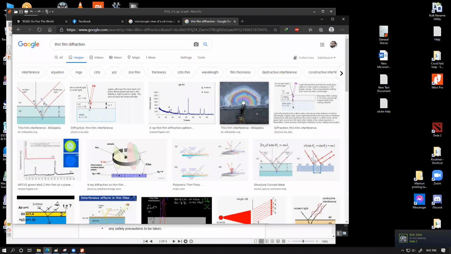This is what I'm talking about. A patch of oil giving you rainbow colors because this surface gives one reflection and the underneath surface gives another reflection. These two merge onto each other, giving you the sensation of different colors. Awesome, no?